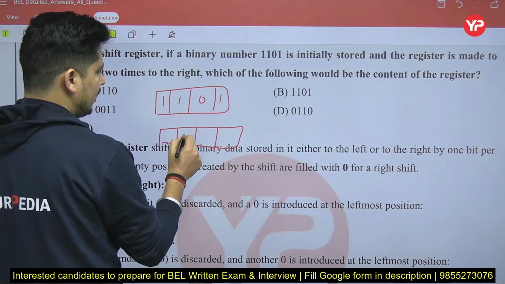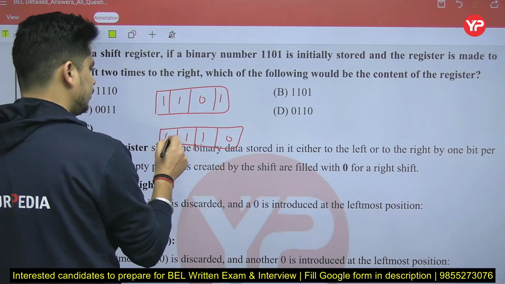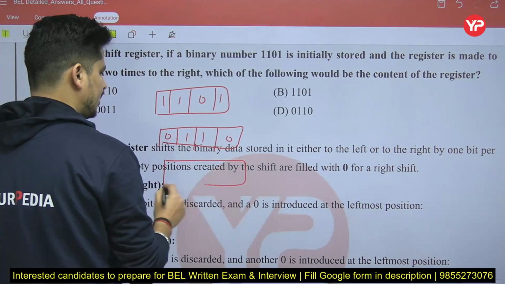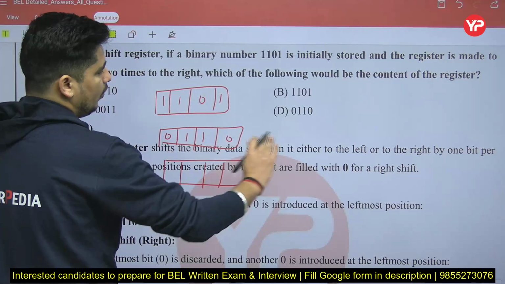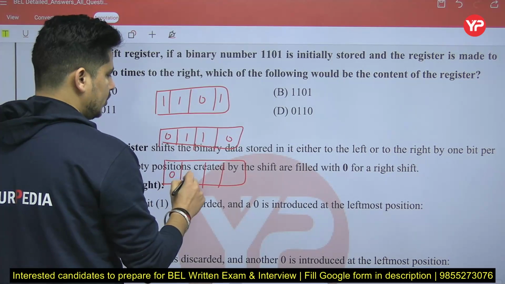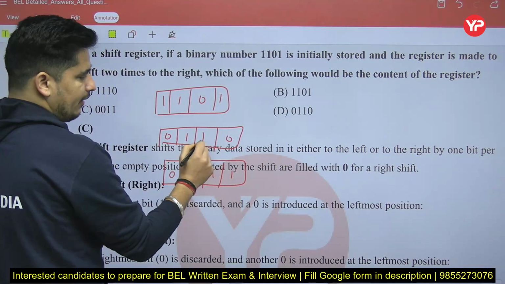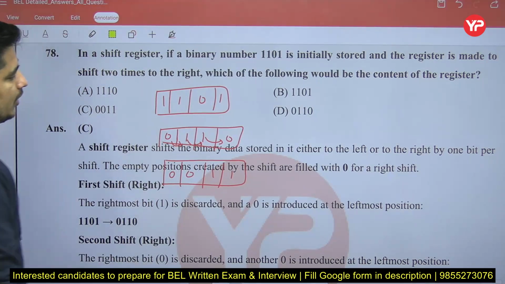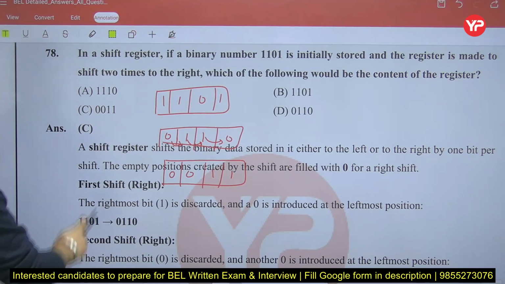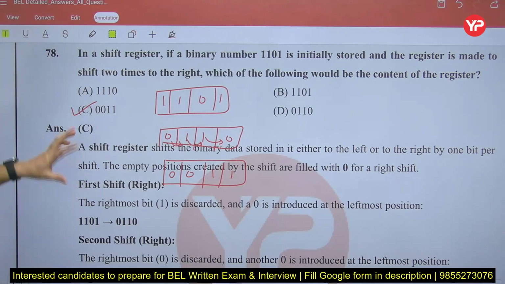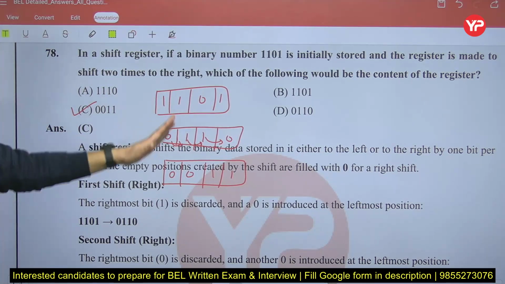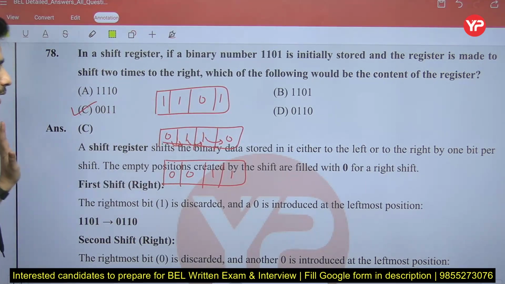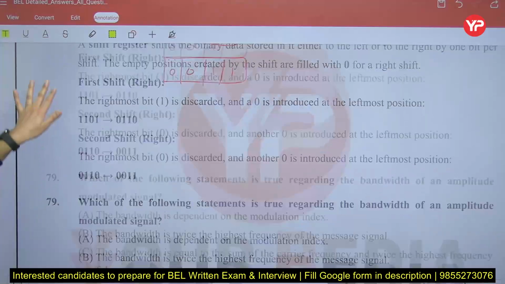When you are shifting to the right, 0 will be entered here. The second time, all the content will be shifted towards the right. So 0 0 1 1. The answer will be C. Whenever he is asking for shifting, shift it towards the right or towards the left. That is the main thing here.